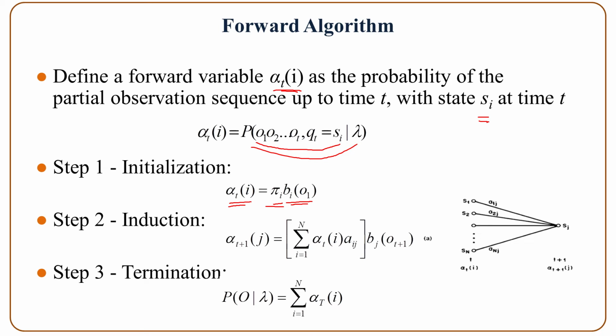And then in step 2, this is the induction step, we calculate alpha t plus 1 of j. So alpha t plus 1 of j is based on all the alphas in the previous step.